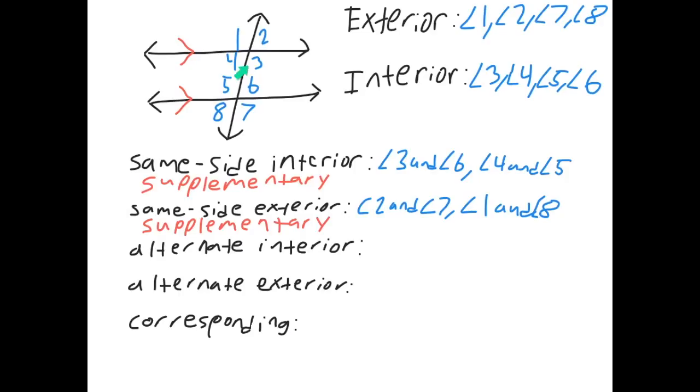It's the one diagonally across from it. So angle 5 and angle 3 are alternate interior angles. So angle 3 and angle 5. The other pair is angle 4 and angle 6.